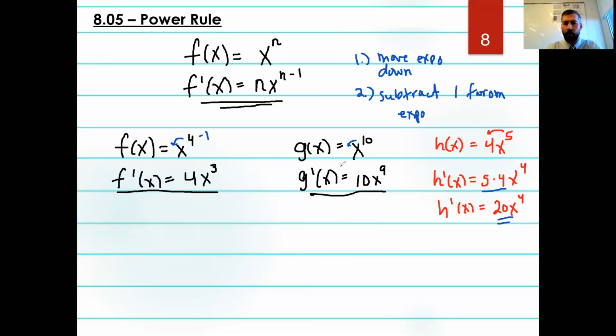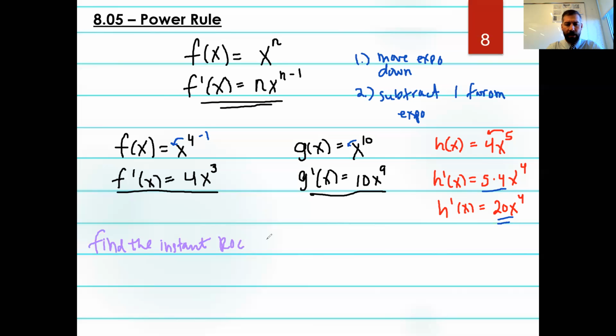And why is this important, and why is this so useful, and why is this so great to have? Is because now we can actually find, let's say, the slope of the tangent line, or the instant rate of change of a function at a point.